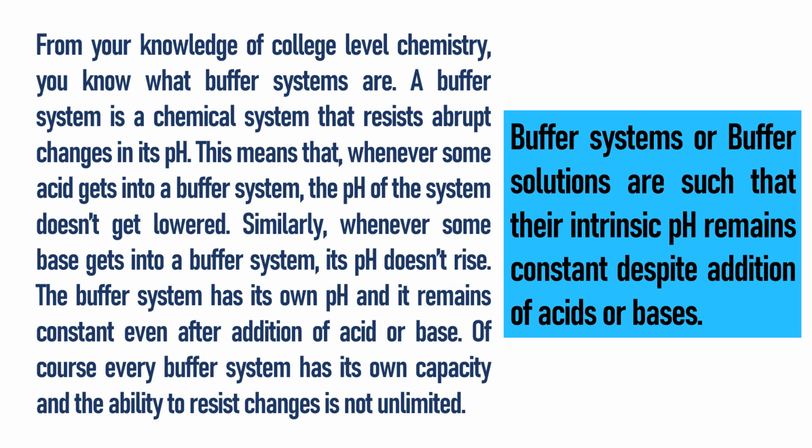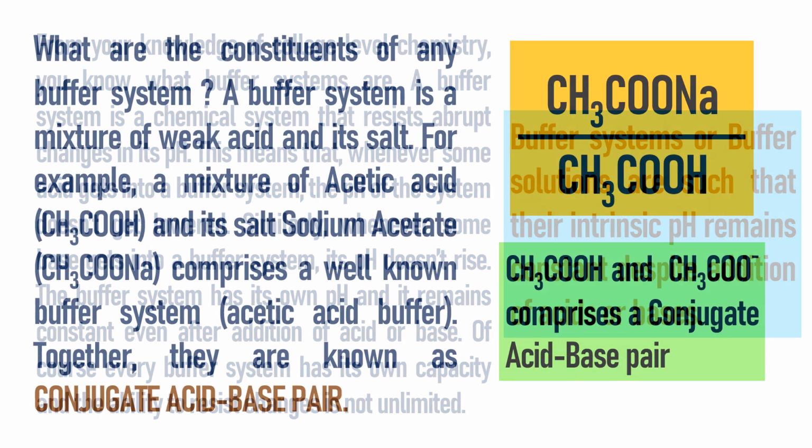The buffer system has its own pH, and it remains constant even after addition of acid or base. Of course, every buffer system has its own capacity, and the ability to resist changes is not unlimited. Buffer systems or buffer solutions are such that their intrinsic pH remains constant despite addition of acids or bases.